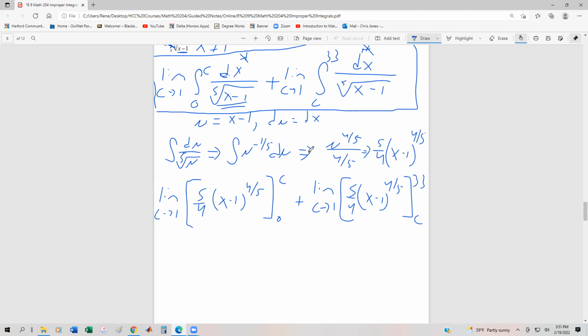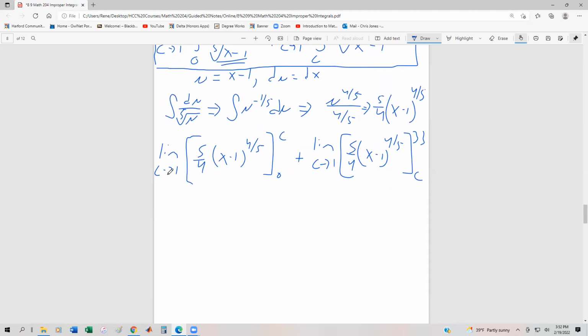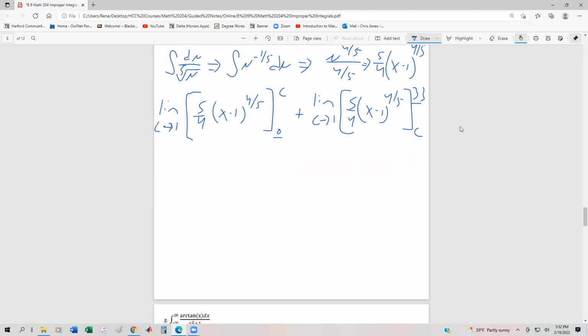Now, I think most of us can clearly see, no pun intended, that when we throw in the 1 for c, we get 1 minus 1, which is 0, and 0 to the positive 4/5 power is just going to go away. So it looks like anytime we plug in a c, it's just going to cancel out. But we still have to contend with the 0 and the 33. So let's just plug it all in. I'm now going to have the limit as c approaches 1.